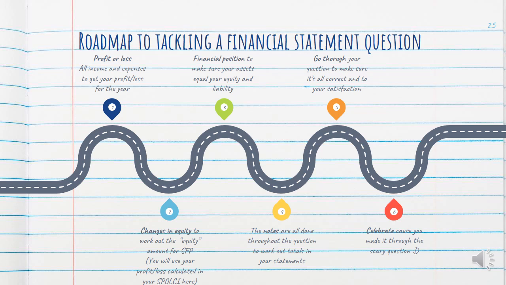That will give you your total amount for equity, which will go into your statement of financial position. Once you have got that changes in equity balance, you'll be able to do your financial position, which makes sure that your assets equal your equity and liability, which is your accounting equation.